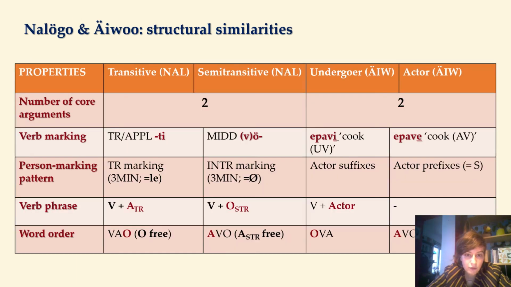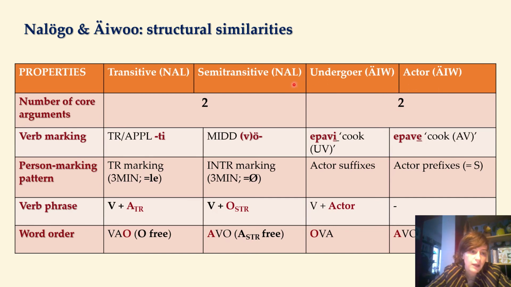So in this last slide, I would like to sum up the basic properties of the systems that we have discussed in Nalogo and Aiwoo to compare the two systems and see if there are some similarities. In terms of number of core arguments, the transitive and the semitransitive clause in Nalogo display two arguments. Likewise in Aiwoo, we have the undergoer voice and the actor voice, which are analyzed as equally transitive.